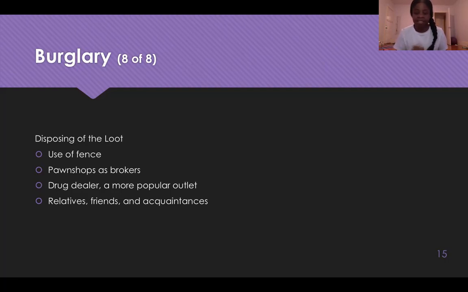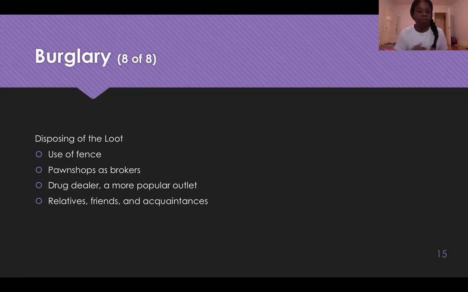One method is a pawn shop, but this is not a very popular outlet for most burglars because pawnbrokers must ask for identification, take pictures of people selling the items to them, and these people may possess hot sheets of stolen goods.